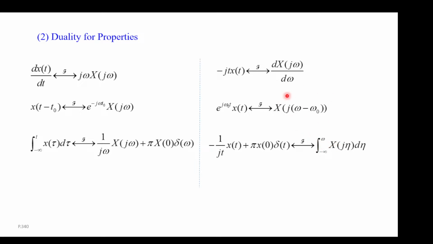Then you can also have a frequency shift, and get an extra e to the j omega t. Also you have this integration on time, which gives this weird thing, and you have an integration on omega. I'm not sure why we don't say omega, but I guess that's a similar thing. Anyway, with integration on omega you get this minus 1 over jt, and also this delta function.